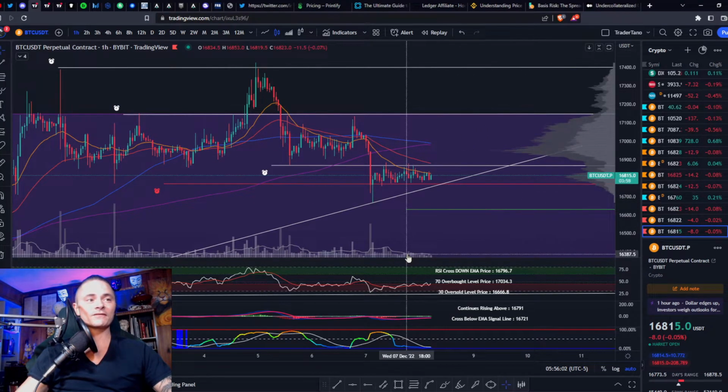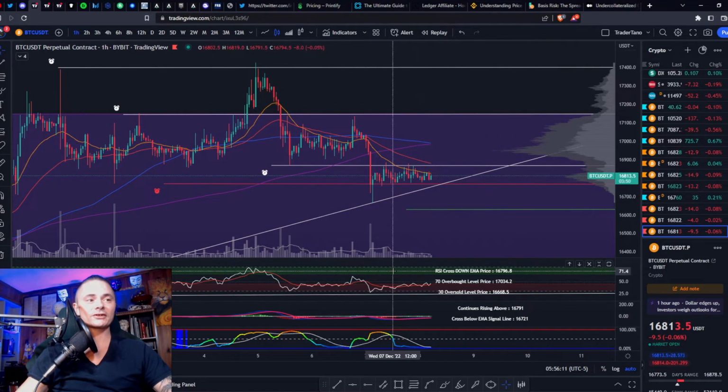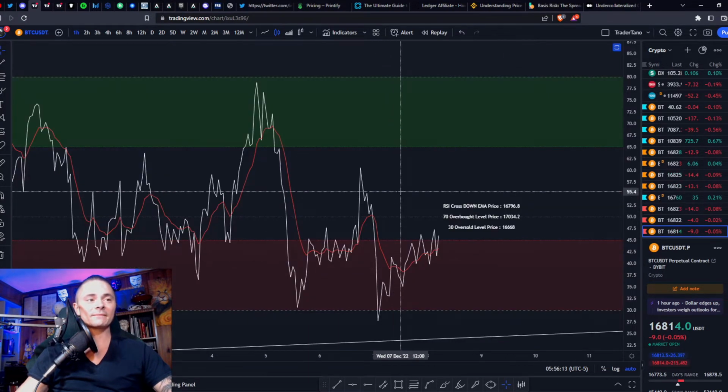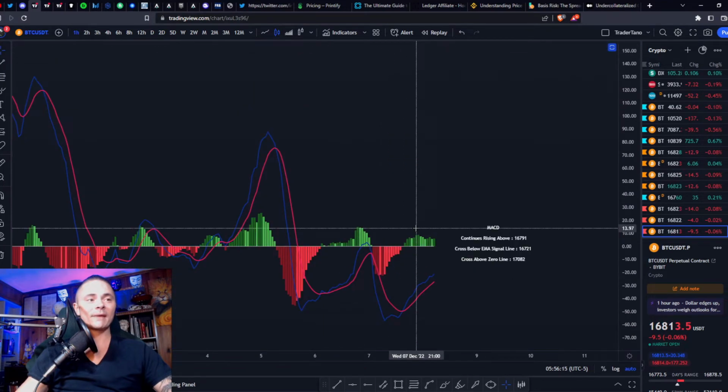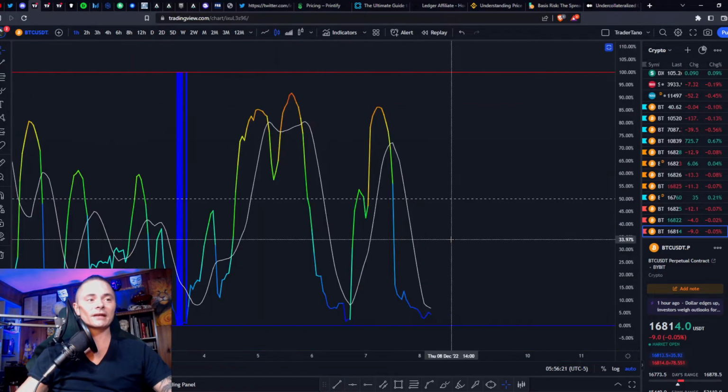Just like your volume is vertical, your VPVR is horizontal volume. That's basically the best way to describe it. Then we have your momentum oscillators, being one, your RSI, two, your MACD. Then we have our volatility measurement, which is called the BBWP right here.